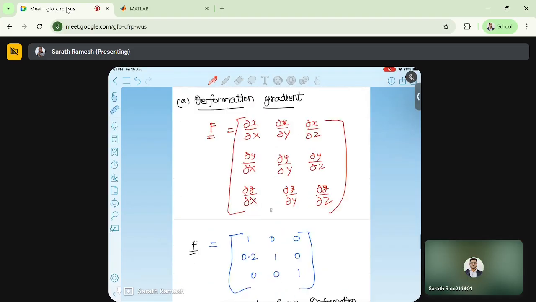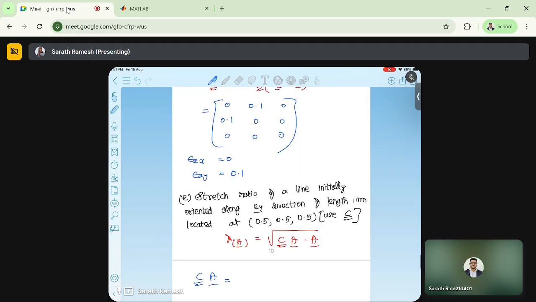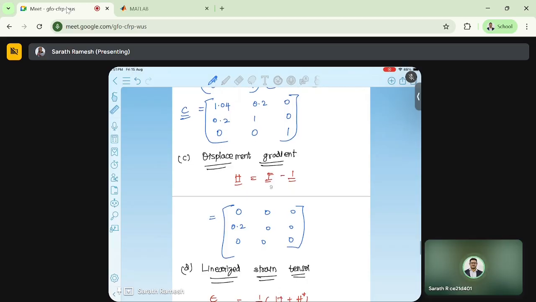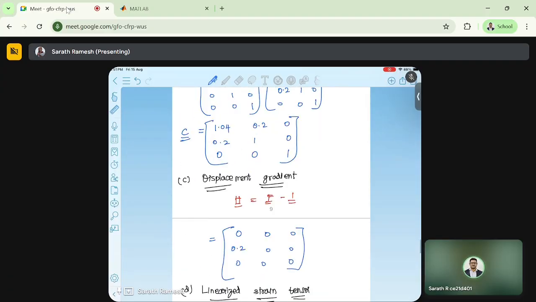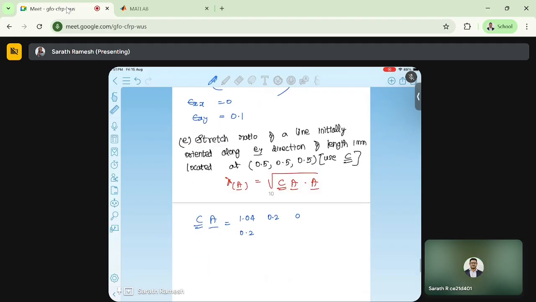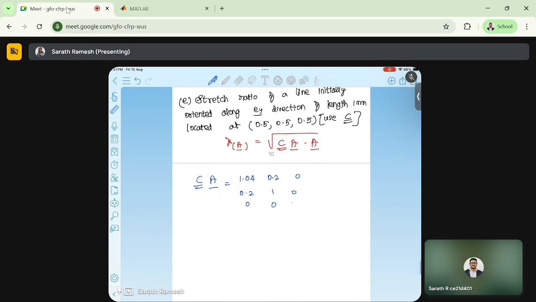Now first we have to find what is CA, and we have to do the dot product of C and A. So C is 1.04, 0.2, 0, 0.2, 1, 0, and 0, 0, 1, times A. A is what?